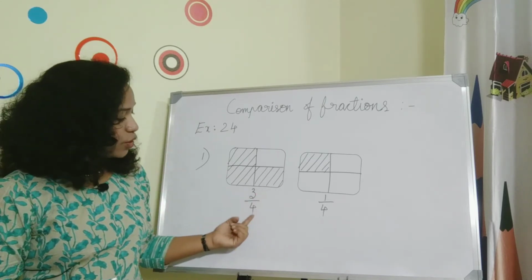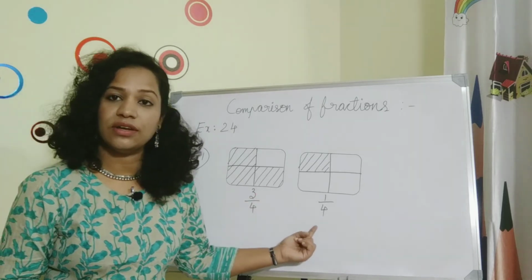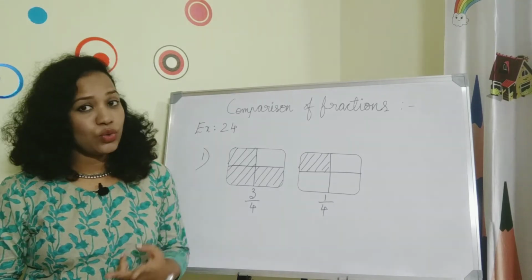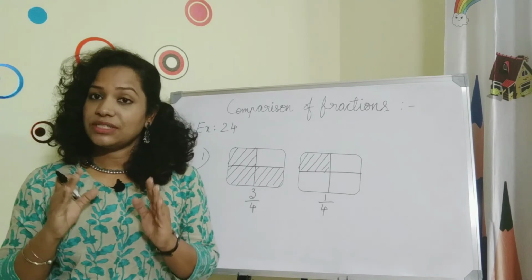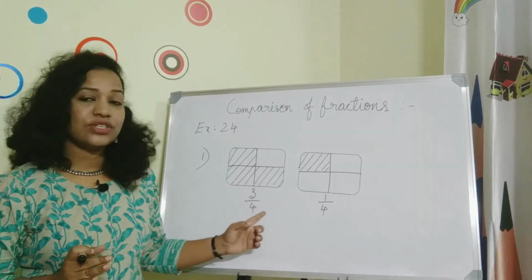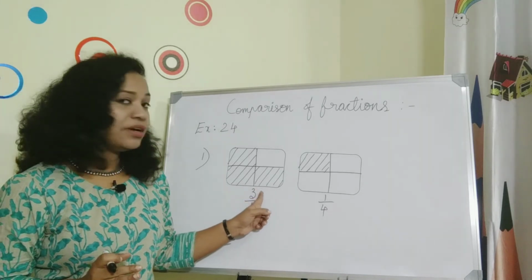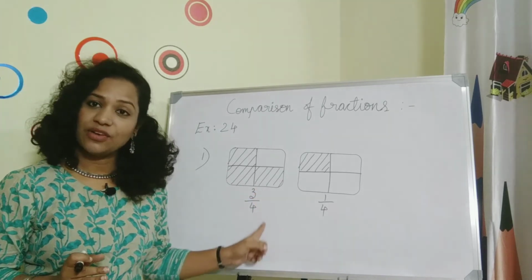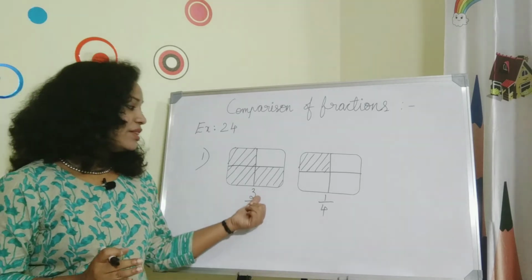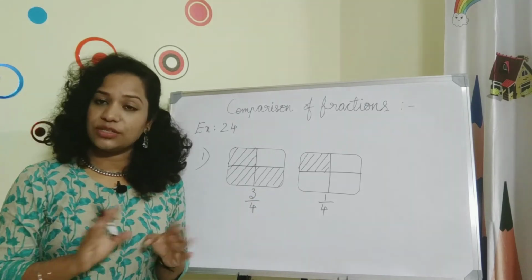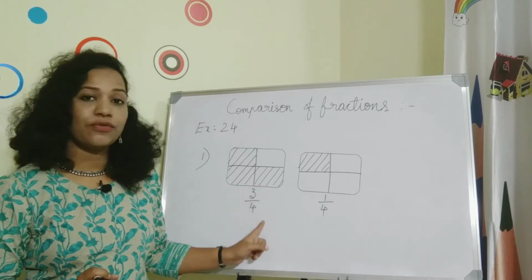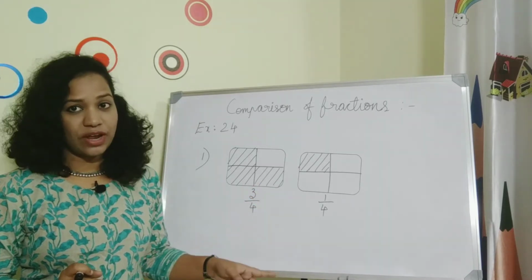So here the denominator is 4 and even here the denominator is 4. So if we have two fractions with the same denominator, which fraction has the bigger numerator? That fraction is bigger. So here 3 or 1, which is bigger? 3 is bigger. So 3 by 4 is the bigger fraction.